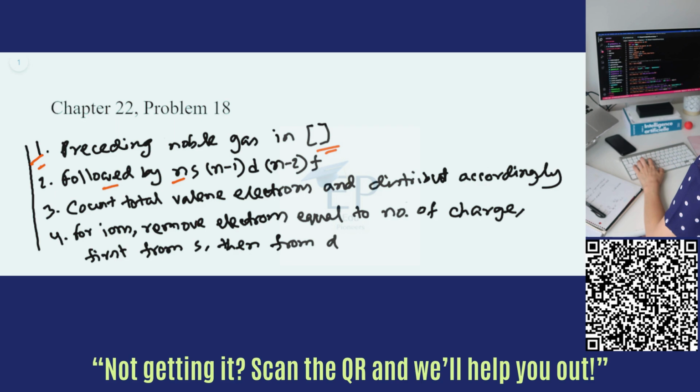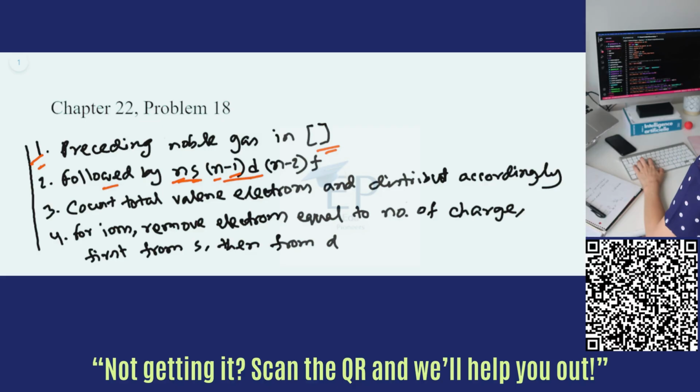And then we have to write down the s electrons like ns, and then if we have d electrons, we have to subtract 1 from the principal quantum number, and you have to write down n minus 1 d.